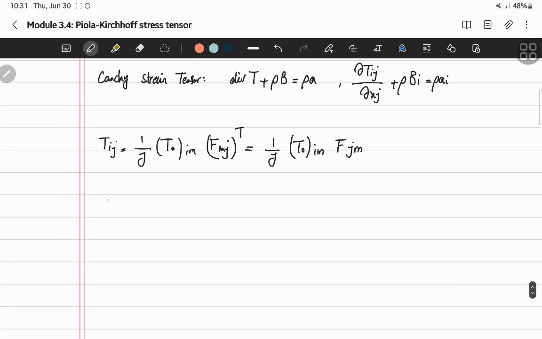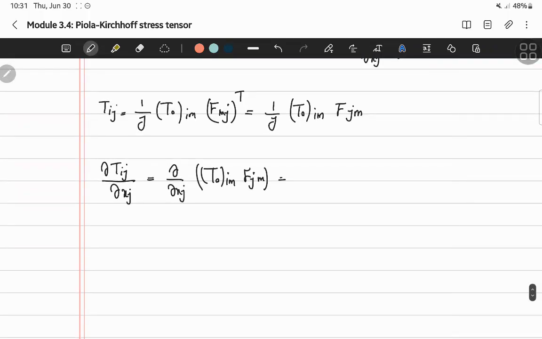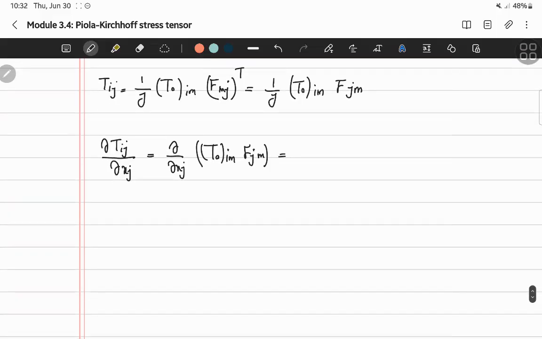So I need to derive the equation based on this equation here. I simply replace this T0 IMFJM, plug it into here, and then take the derivative.